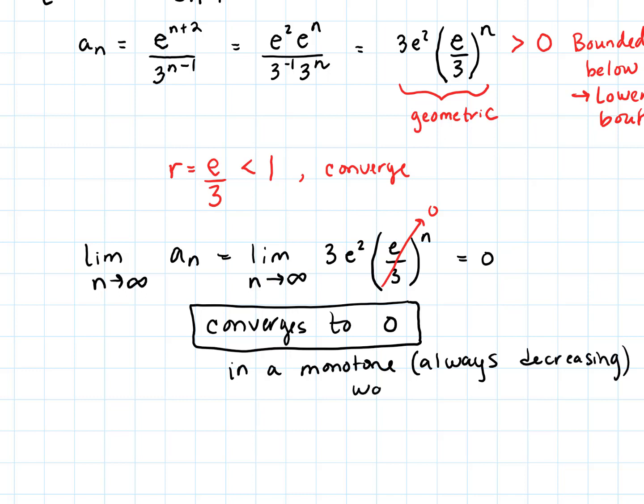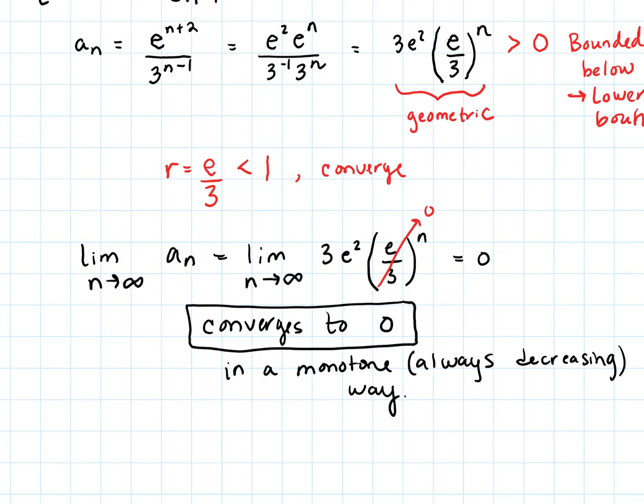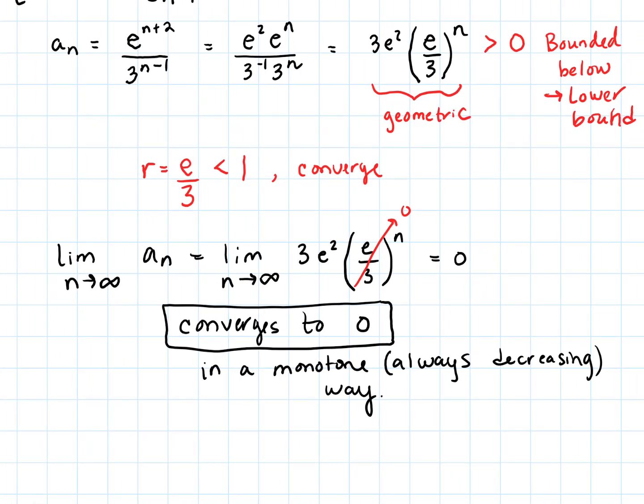Monotone means that it is always decreasing or always increasing. Each term gets multiplied by a ratio smaller than 1, which decreases it from the previous term, and we know that it converges to 0, so it decreases in a monotone way. It is also bounded, so we've got a lower bound and decreasing in a monotone way.